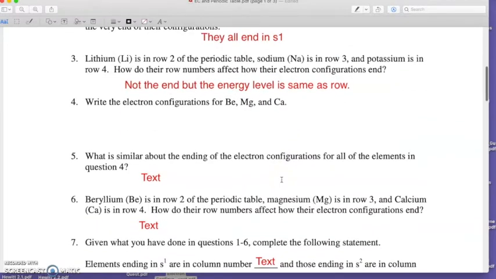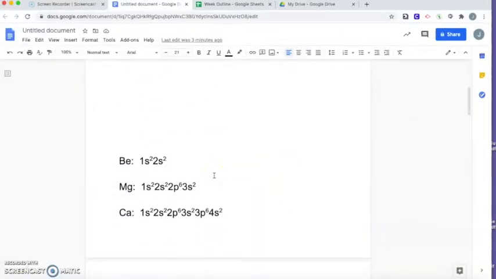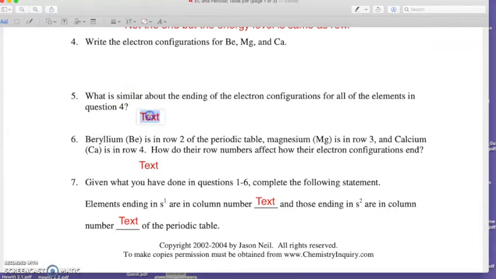Okay, so now let's write the electron configurations for beryllium, magnesium, and calcium. Pause now and do that. Okay, now let's look at beryllium, magnesium, and calcium. Here are the configurations. And what makes them the same? Well, you can see they all end in s2.